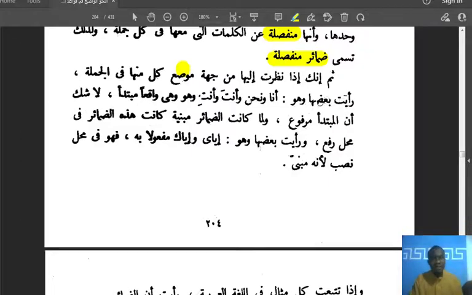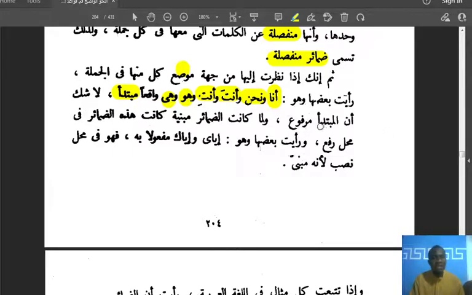It says رأيت بعضها وهو أنا. You find that some of them, which are أنا, نحن, أنت, أنتِ, هو, هي, come as مبتدأ. All of these come as مبتدأ.